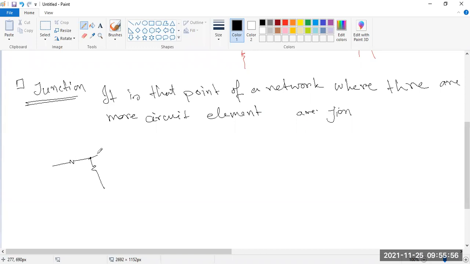So node and junction are same things, but there is a certain difference.